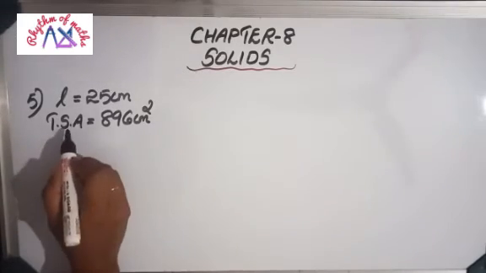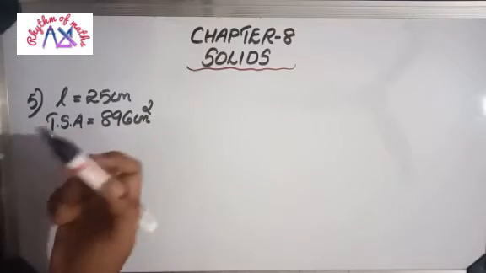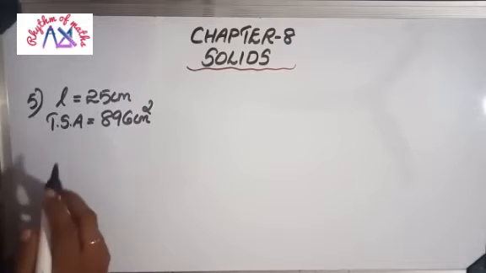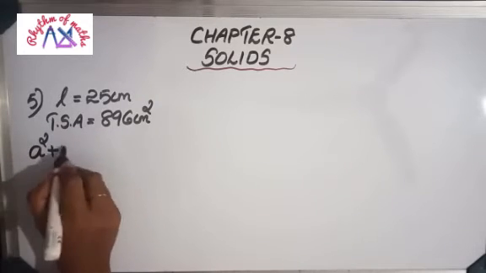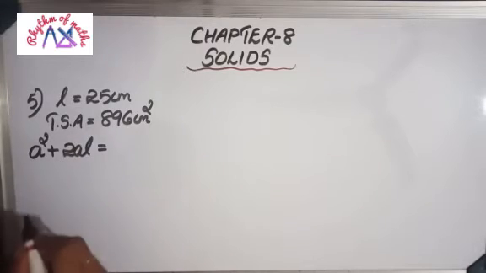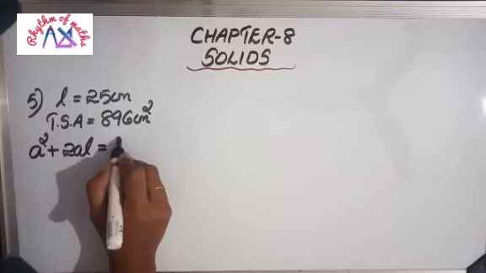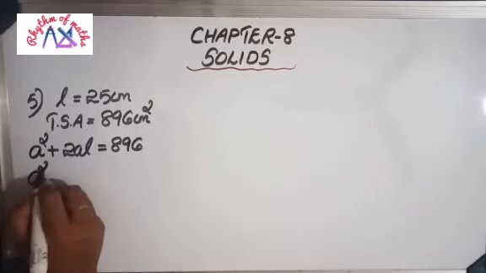So let's start from TSA because no other measurements are given. Only with slant height nothing is possible. What is the equation for TSA? A square plus 2AL. This is the equation to find TSA. That is already given as 896. Now let's apply the L value.